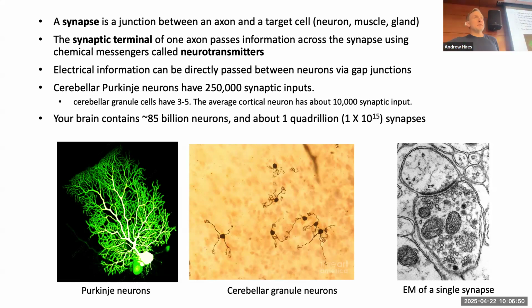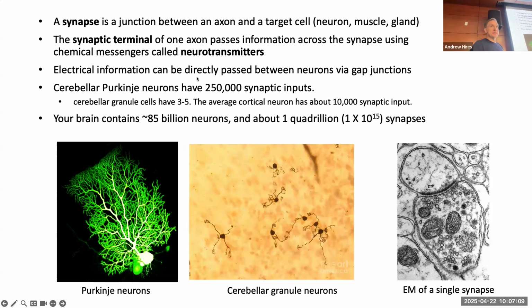I have to say briefly, you can also have direct electrical passage through gap junctions. This happens in some areas of the brain, like the retina. But the primary mechanism is chemical neurotransmission.